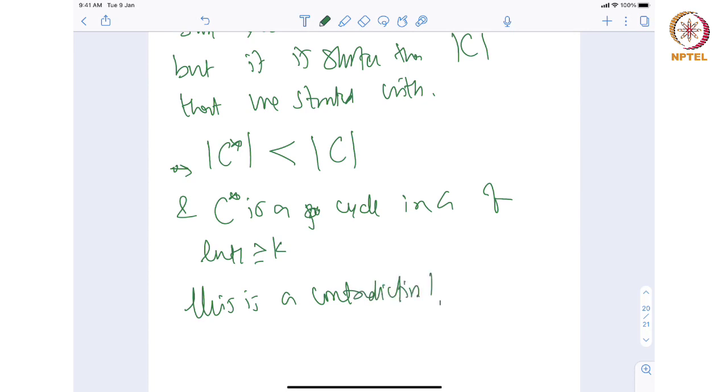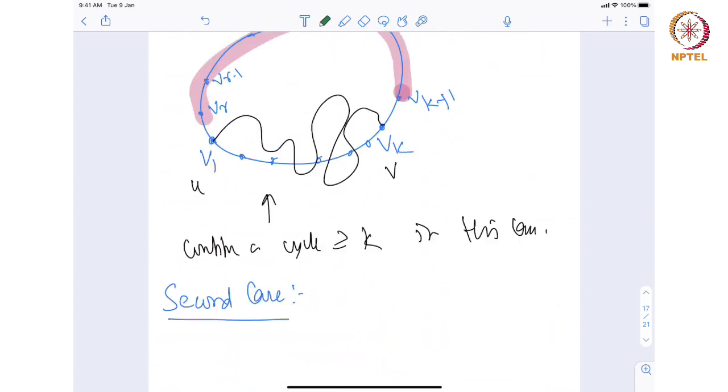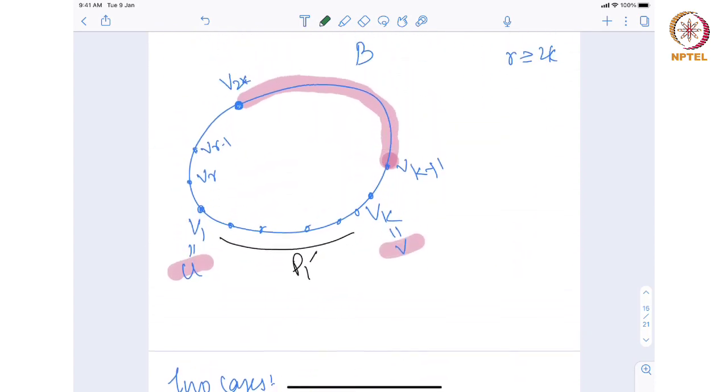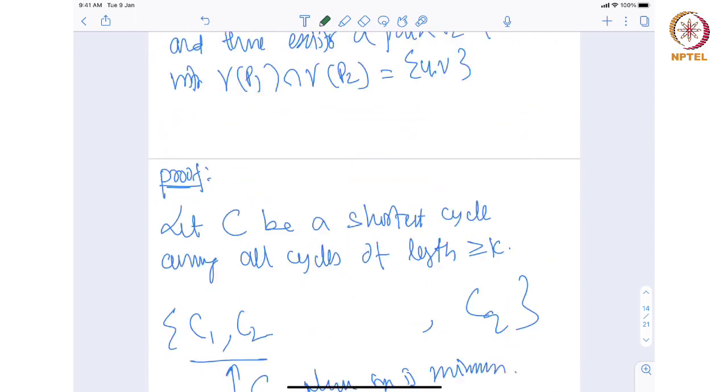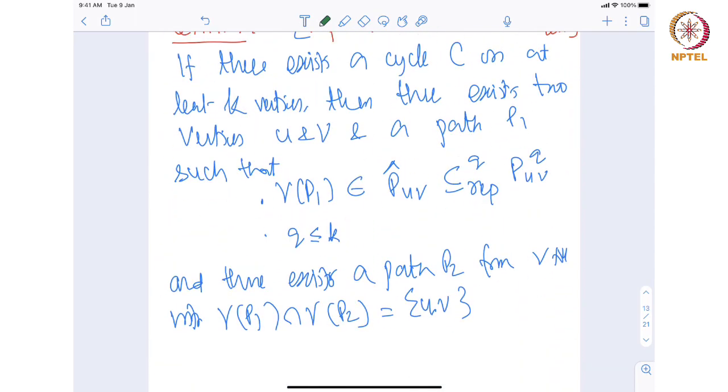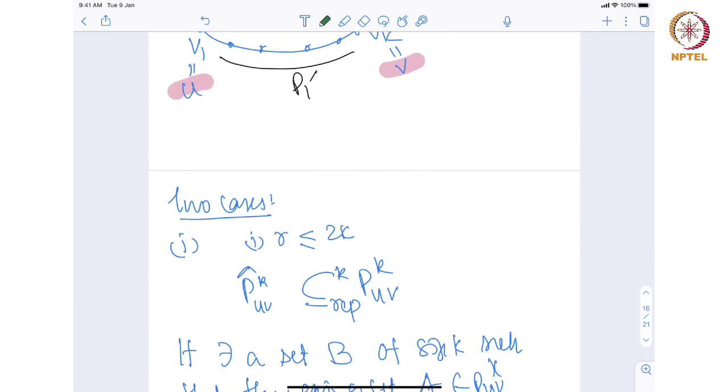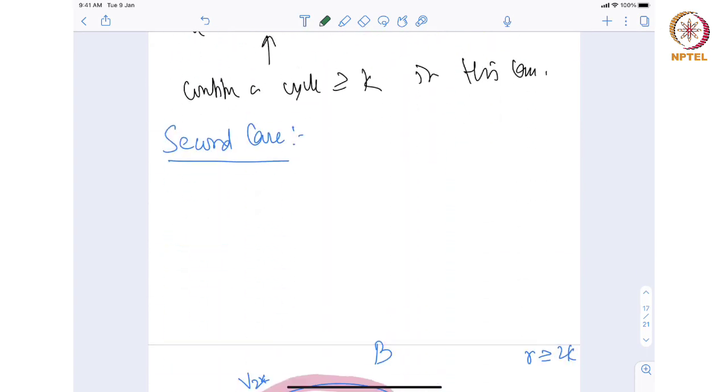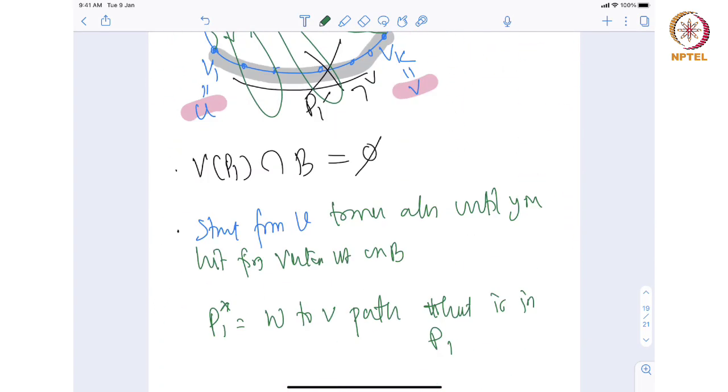So what do we know? We now know that the statement of the lemma holds, and in particular the shortest cycle of length at least k has the property that you can find vertices u and v and a path P1 in my rep set such that there is a path from V to U which is disjoint. Just find any one. So that's it. This should end our lemma as well as the proof.